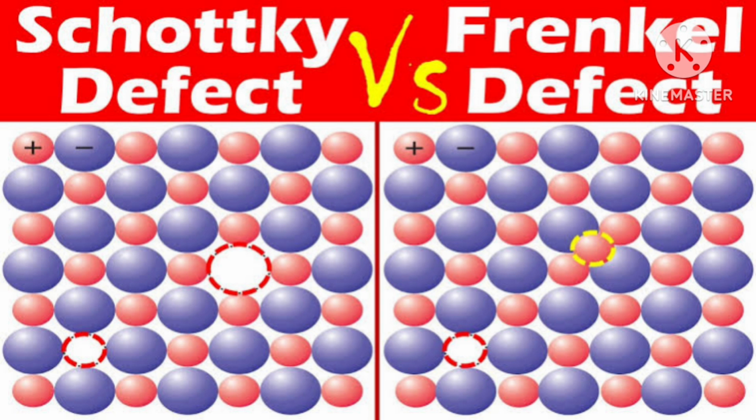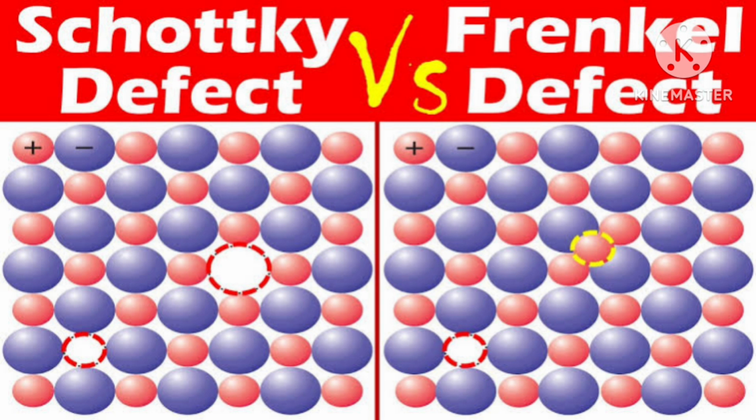Now I am telling you another defect, impurity defects. What are impurity defects? By name it is clear that some impurity will be present with the main molecules. Now I am telling about impurity defects.